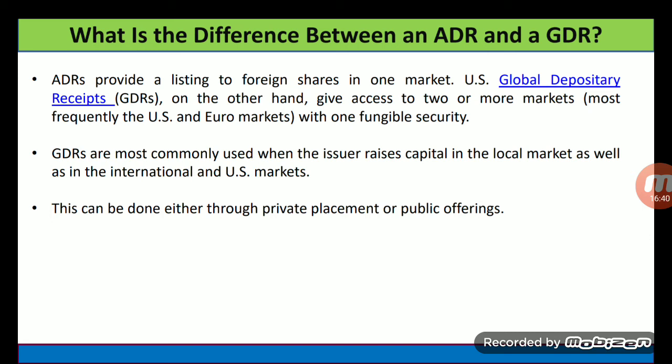GDRs are most commonly used when the issuer raises capital in the local market as well as in the international and US markets. But in case of ADR, the purpose is to raise the capital in the US market only, and this can be done either through private placement or public offering, in case of GDR.